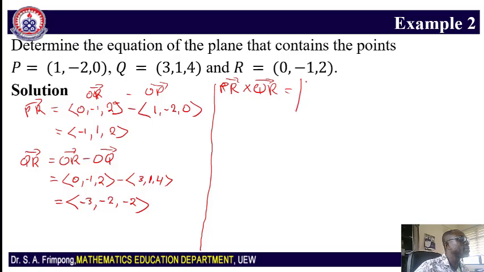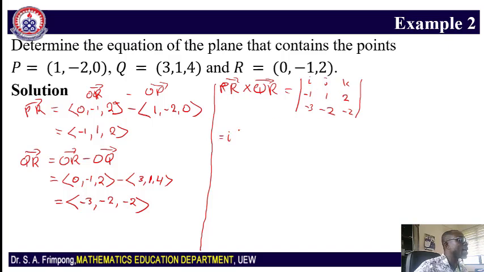So this is going to be i, j, k, the component vectors of the 3 directions x, y, and z. Then -1, 1, and 2, that is the PR, and -3, -2, -2, and that is the vector QR. So we are looking at the determinant of these vectors.